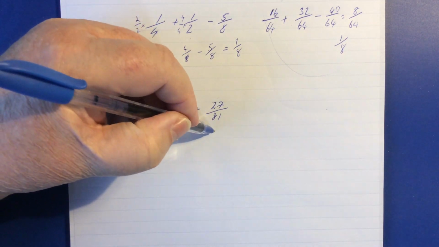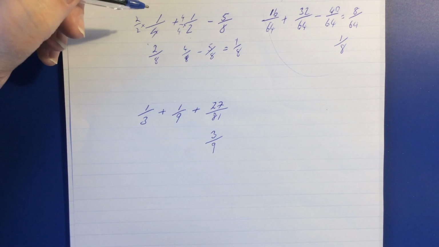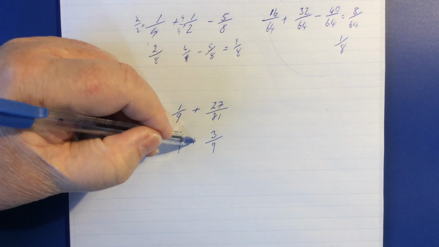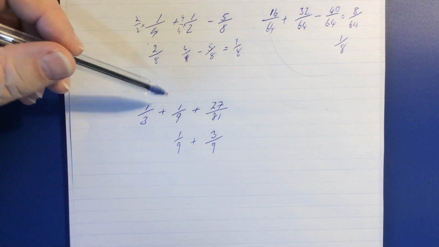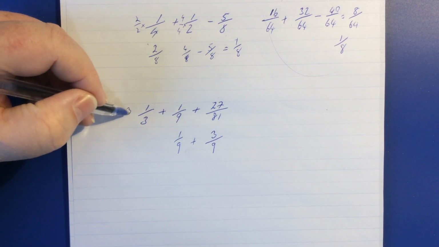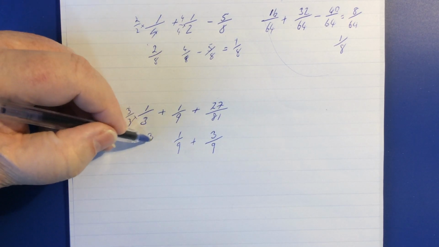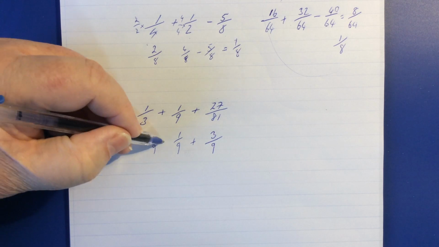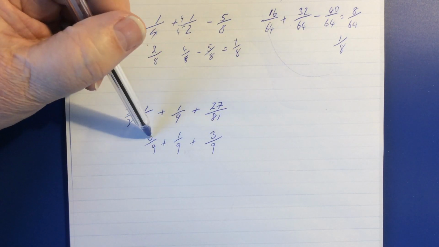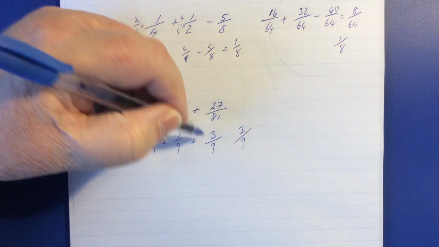So 9 3s are 27 and 9 9s are 81. So that gives me 3 over 9. And I've got 1 over 9 here. And what do I have to do to 3 to get 9? Well, multiply it by 3. Again, 3 over 3. 3 times 1 is 3. 3 3s are 9. And what have I got? Well, I've got 1, 2 3s. That's 6 plus 1, 7 over 9.